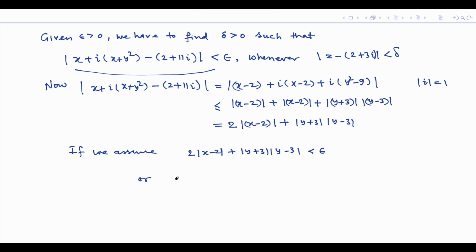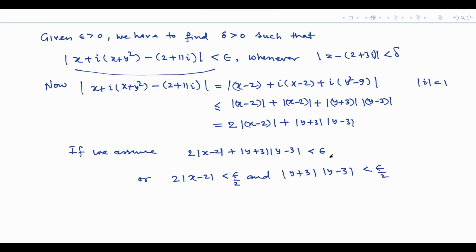Or I can write 2 times of x minus 2 is less than epsilon by 2 and y plus 3, y minus 3 is less than epsilon by 2.